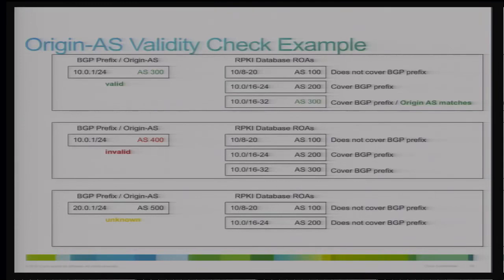If I receive two different paths, and one is valid and the other is invalid, even though the invalid one has everything else better, let's say a shorter AS path and so on, you would prefer the valid one. That's a local policy that you can configure.